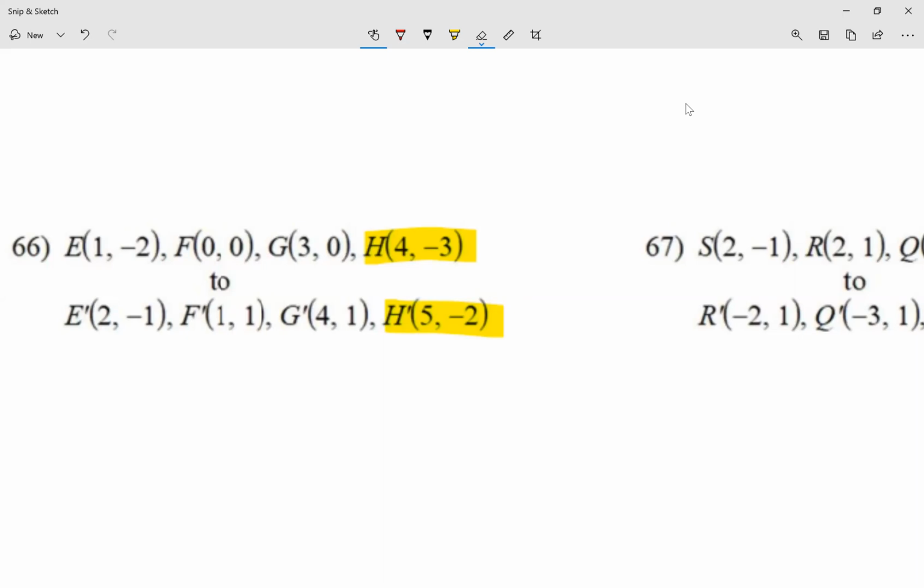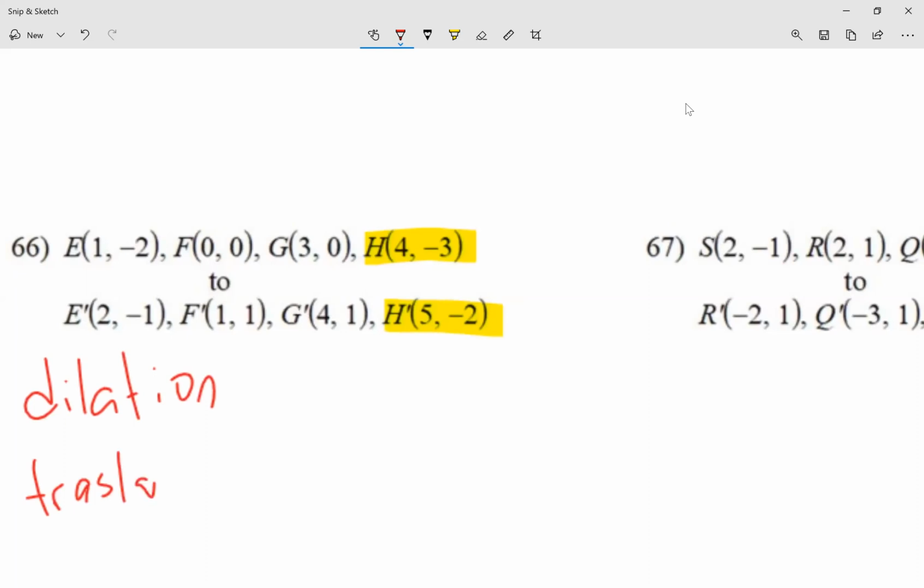If it was dilation, I'm gonna check. What if it is dilation? Again, my choices right now are either dilation or translation. I know it's not rotation or reflection because my values change. So if it was dilation, my scale factor using the X value would be 5 divided by 4.